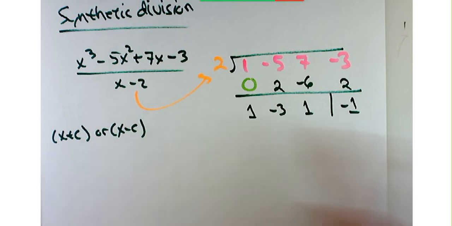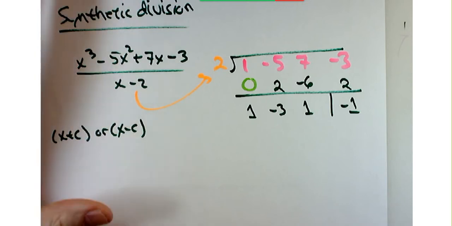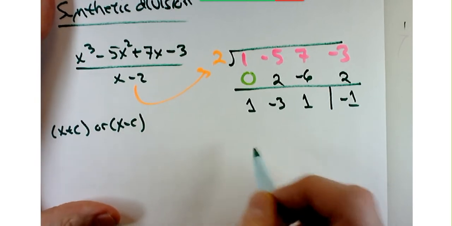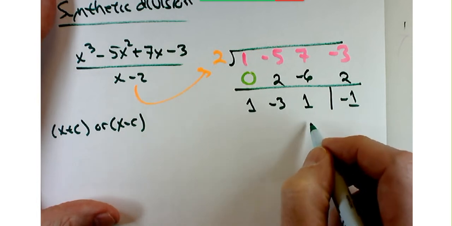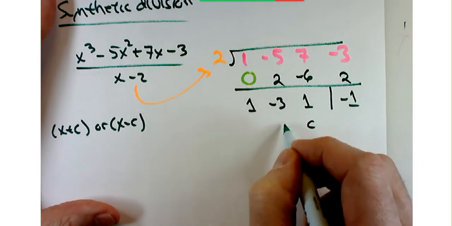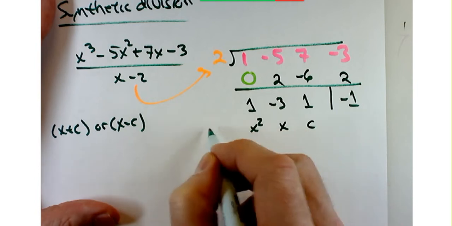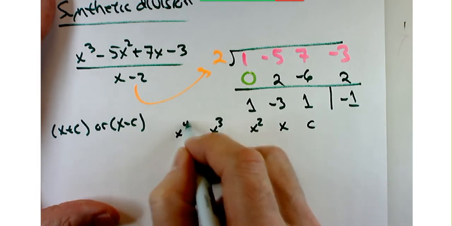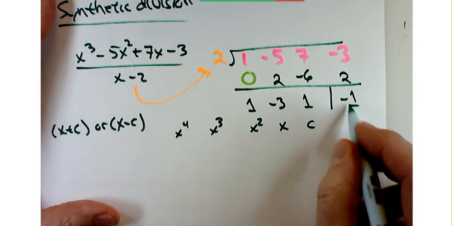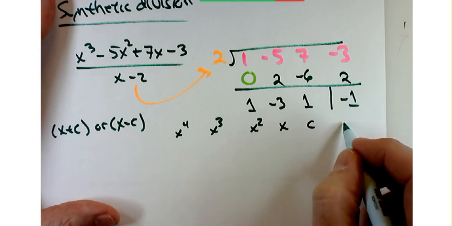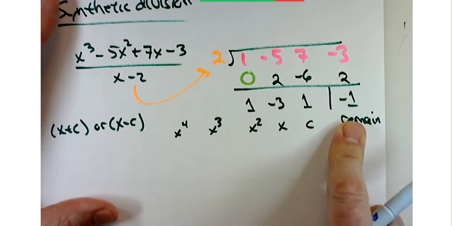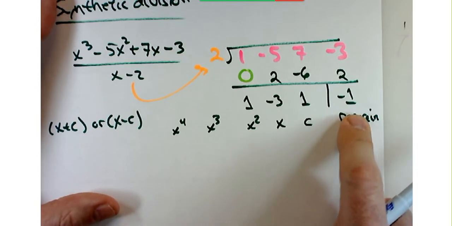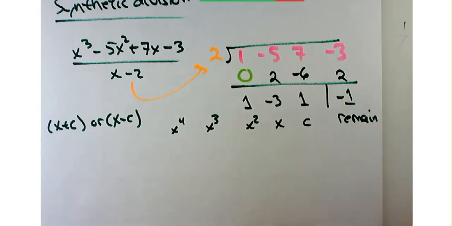Tell me what these mean. Pause the video if you are watching this later, but figure out what this means. Now I'll give you a reminder. It always starts out with this is the constant, that's the coefficient of x, that's the coefficient of x squared, and if I had more, they'd keep on going this way. What's this negative 1 about? Yeah, that's the remainder.